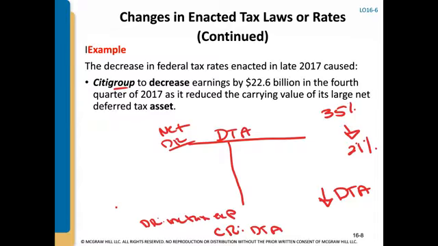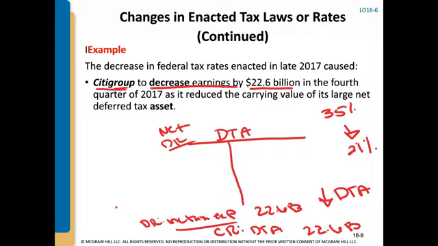And they had to do this for $22.6 billion. So they had to reduce their deferred tax asset by $22.6 billion, and they had to record income tax expense for that amount, and an expense decreases your earnings.